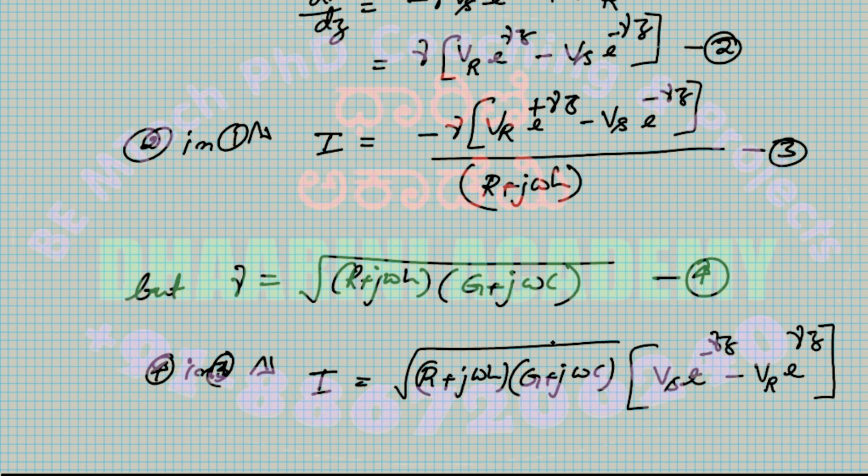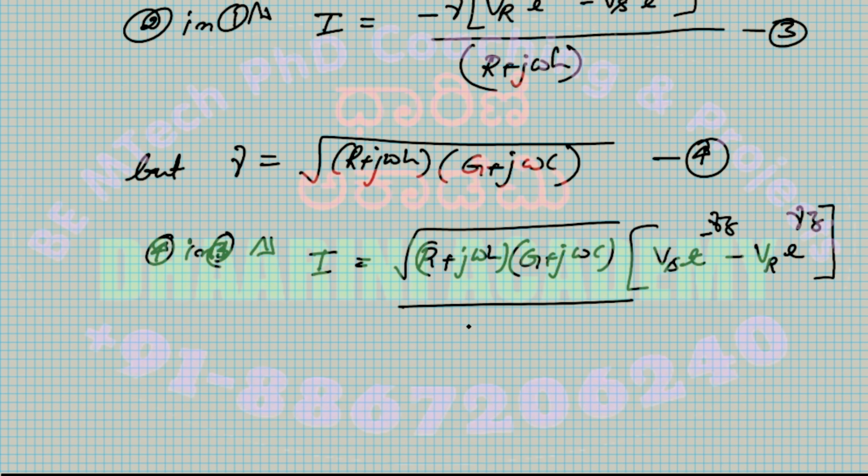I took the negative inside this bracket. Anyway, divide this by R plus j omega L. So what happens? The numerator gets cancelled and you get a root here.